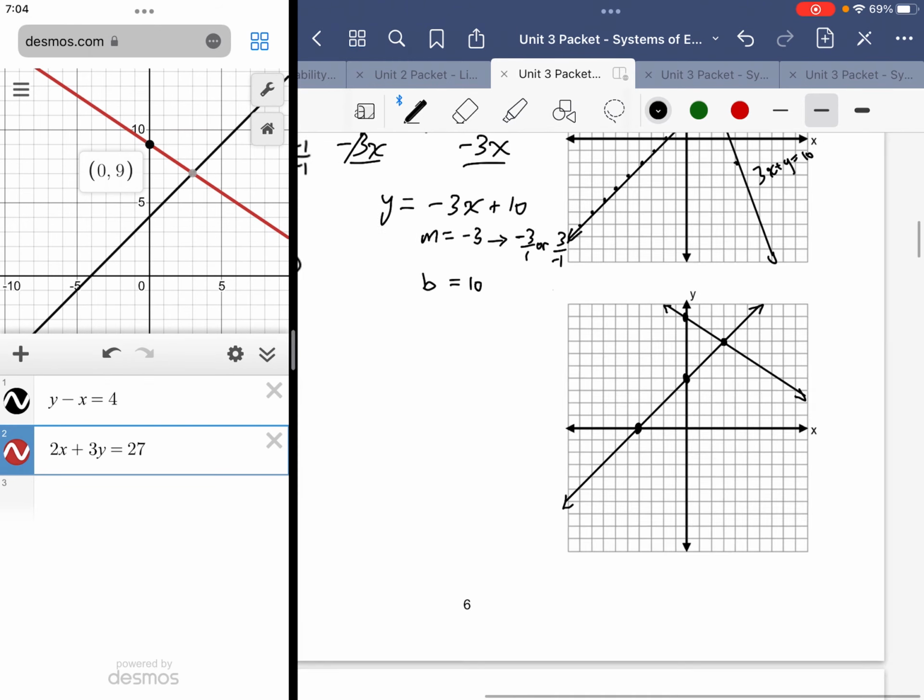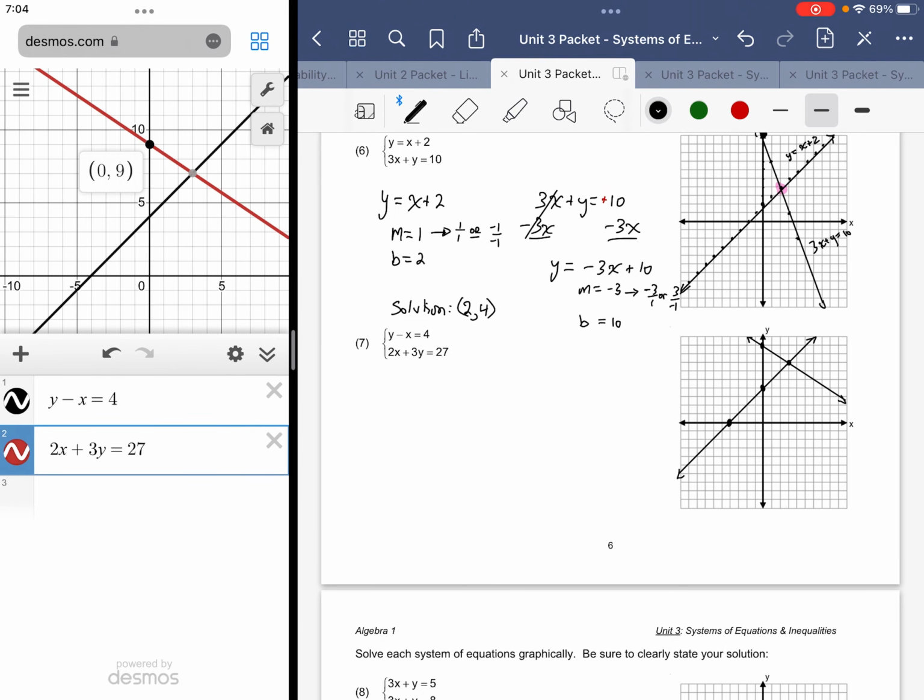So we have our graph, y minus x equals 4 and 2x plus 3y is equal to 27. And without having to show too much work, we have our solution of 3, 7.